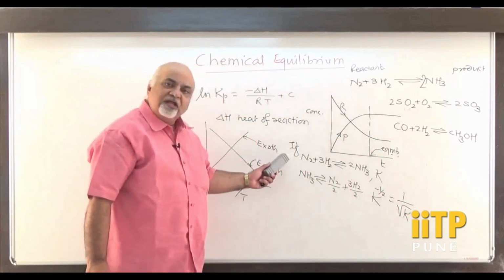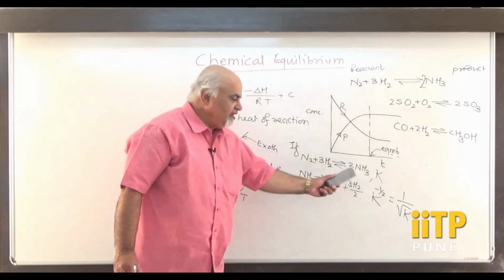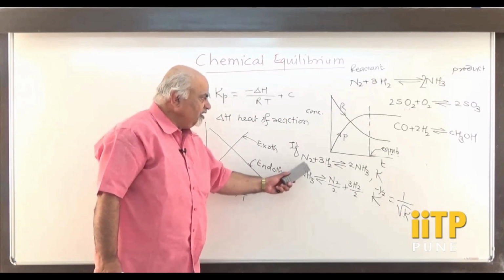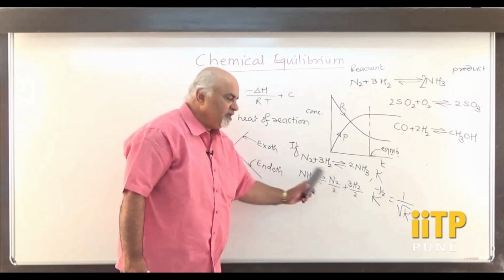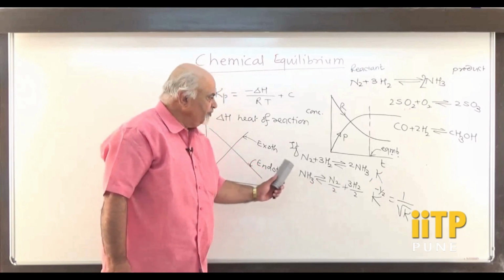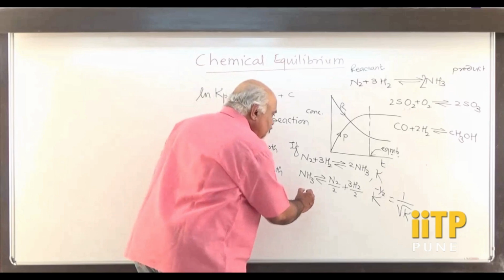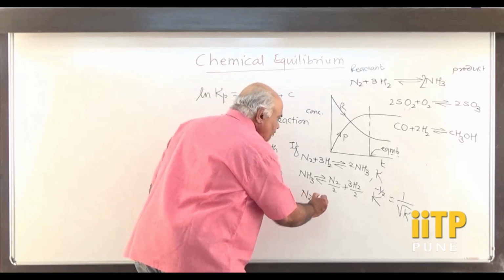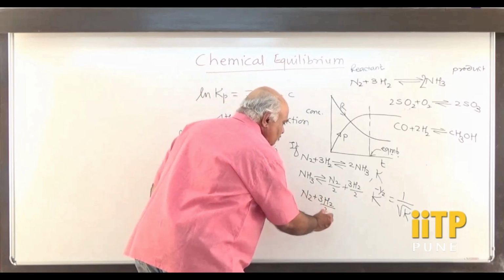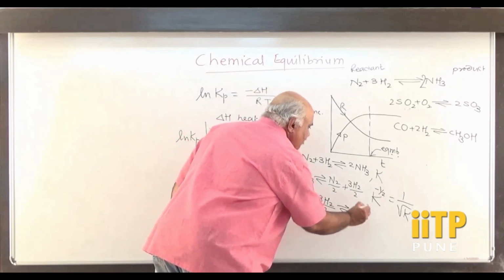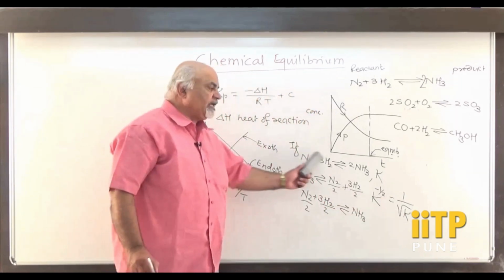So for this reaction equilibrium constant K, in the same manner we can write the reaction. Actually the chemicals are the same, stoichiometry different. We can have the equilibrium constant 1 upon root K. If you say this reaction N2 by 2 plus 3H2 by 2 making ammonia, now we have multiplying factor half for the entire reaction.